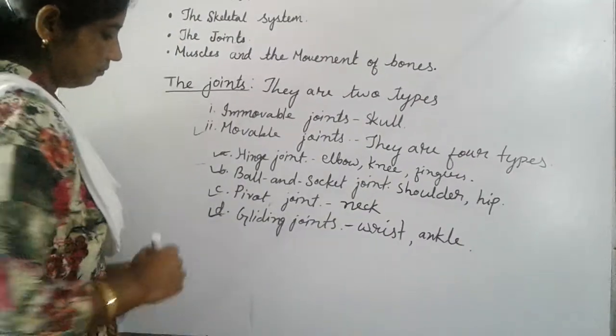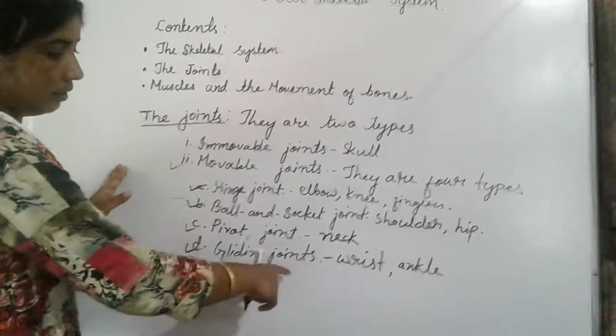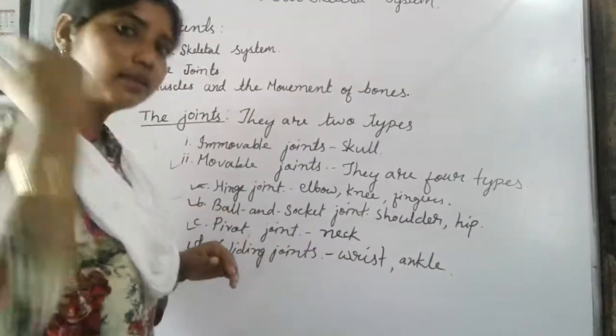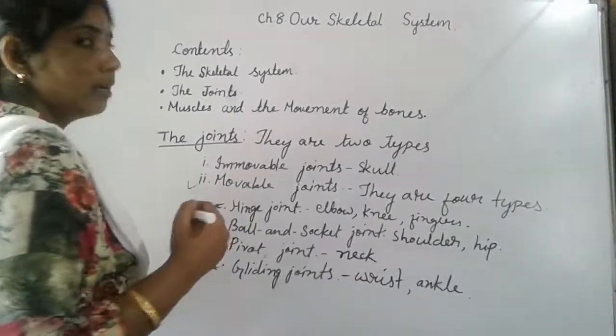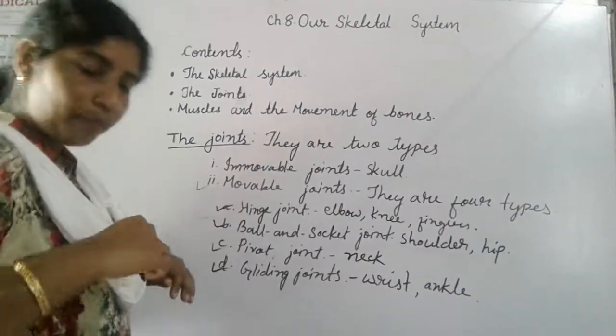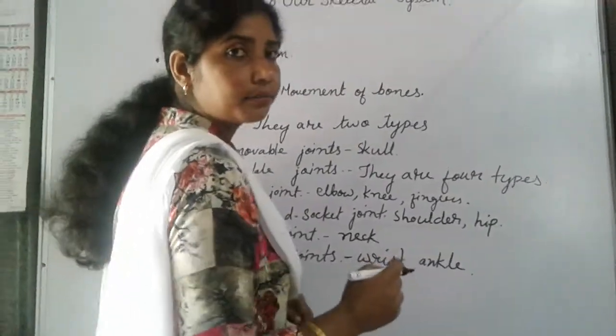Gliding joints are also present in our backbone, and for that reason we can turn, twist and bend ourselves.